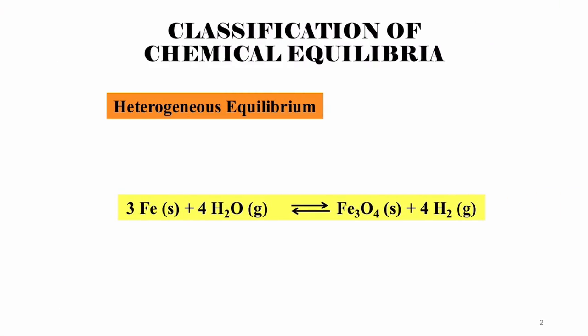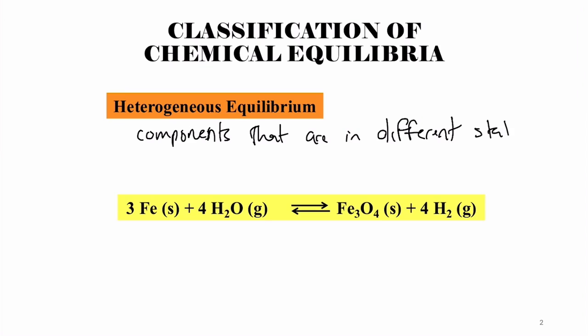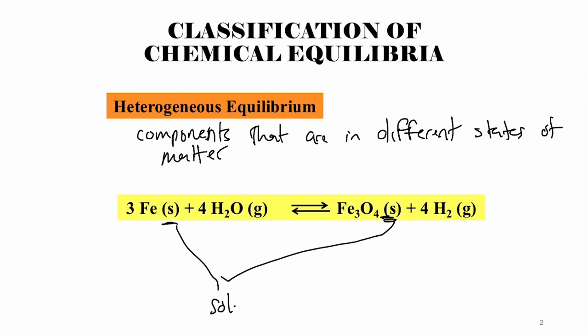So in heterogeneous equilibrium, we have components that are in different states of matter. Okay, so here we have two components that are solid and two components that are gaseous.